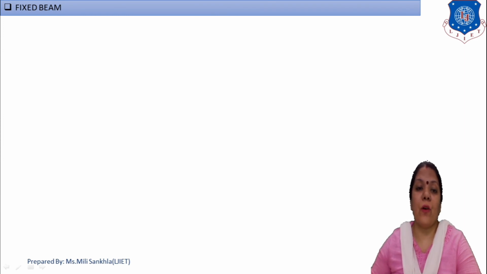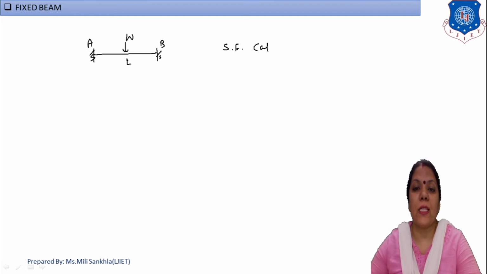Now we draw the SF and BM diagrams. First of all, again I draw one fixed beam, and this fixed beam is subjected to a W point load. This is A point, this is B point, distance L. Here we do the SF calculation and then draw the SF diagram.